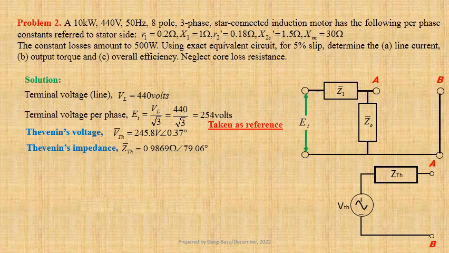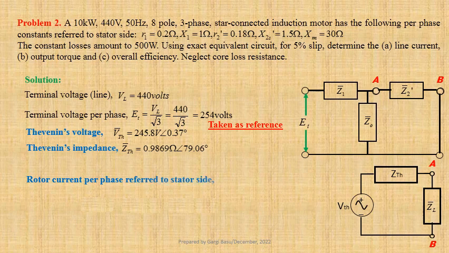Now we shall connect the load, that is the equivalent rotor impedance per phase Z2 dash, back to this circuit. Now we shall calculate load current, that is the rotor current per phase referred to stator side.